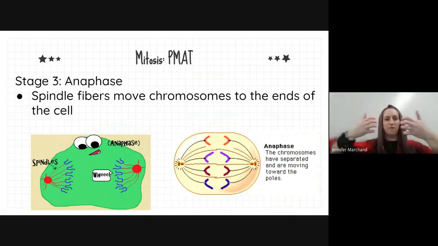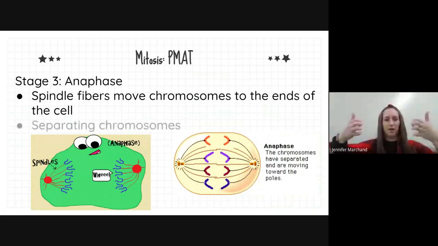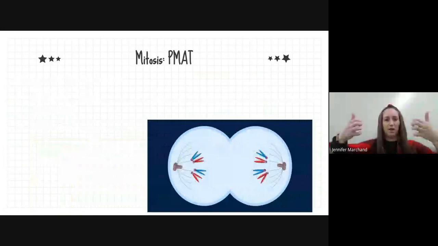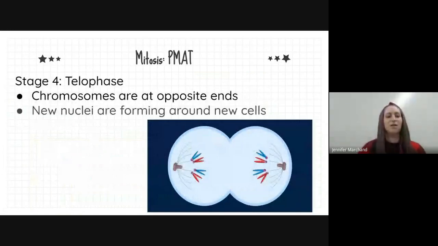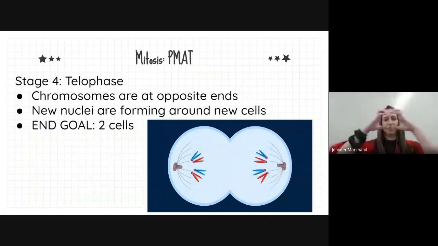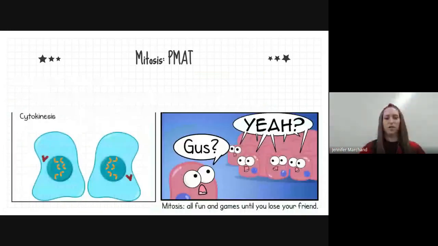Once those chromosomes are split and at each side of the cell, we can move into telophase. That is when they're physically at the opposite ends of the cell and the new nuclei are forming. At the end goal, we're going to have two cells, because as you see, they pulled, then they split, and then they're going to close and split into two cells.